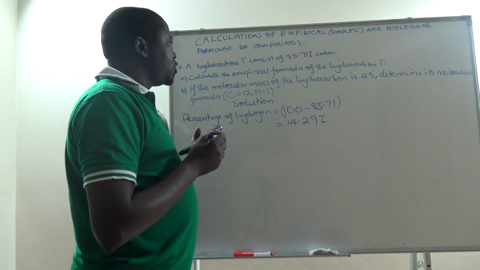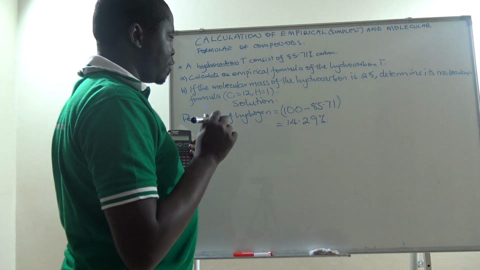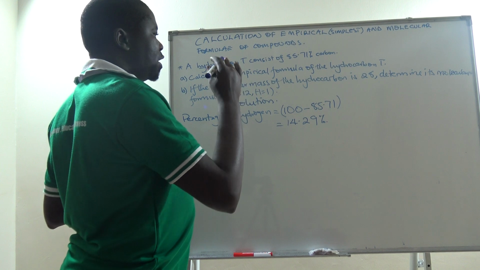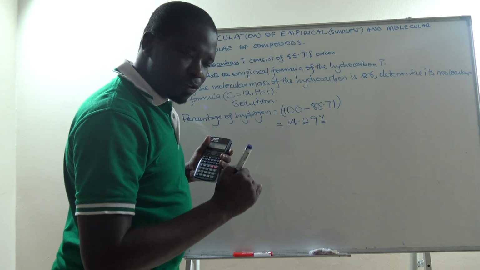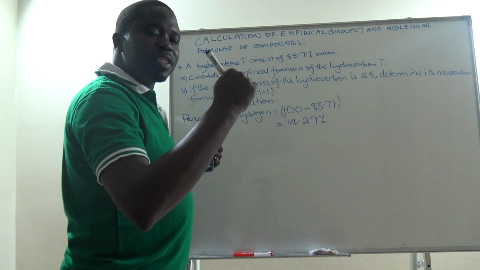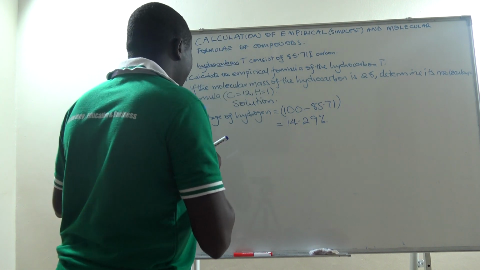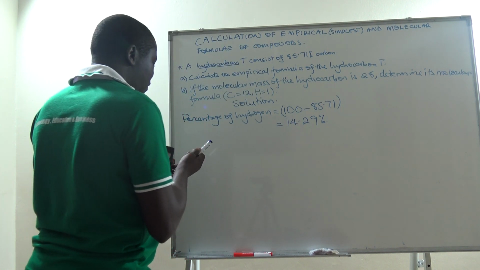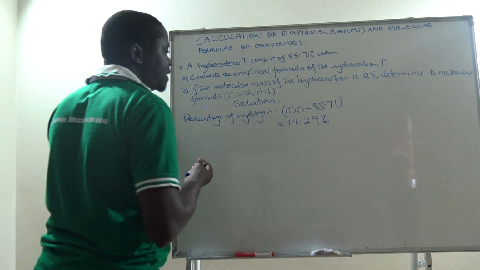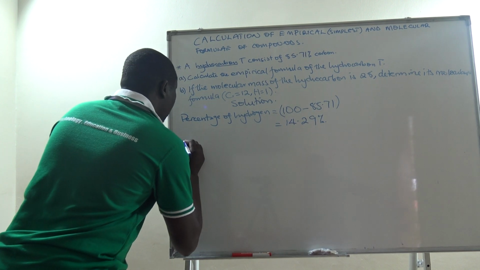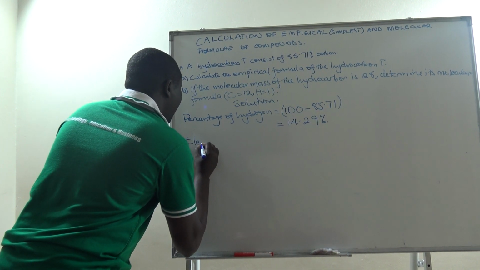Now let us go to the calculation of the empirical formula. When we are calculating the empirical formula of a compound, there are some steps that we are supposed to follow, and we are not supposed to skip any step. The first step is to write down the chemical symbols of the elements side by side in one row. So we start with the elements.